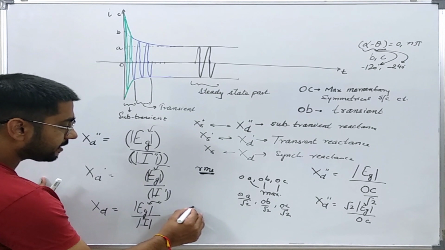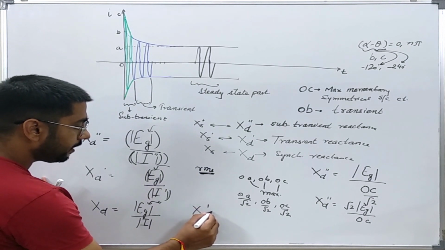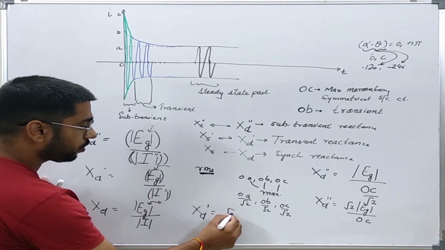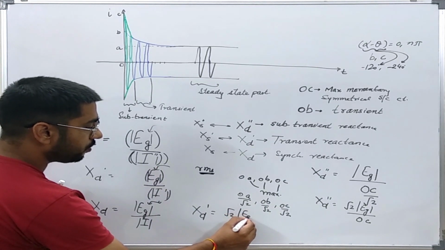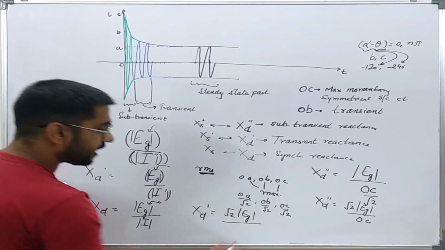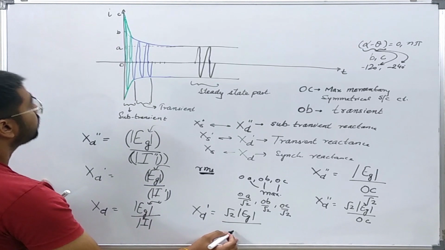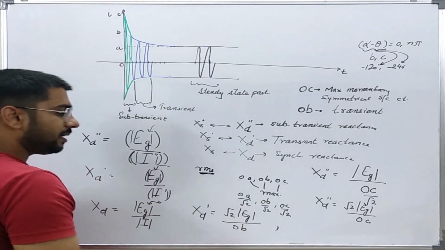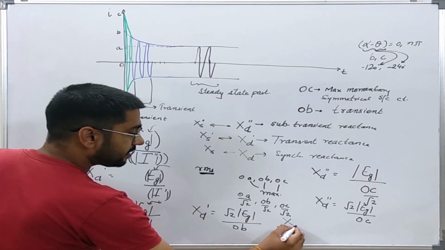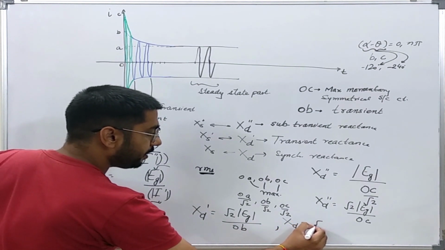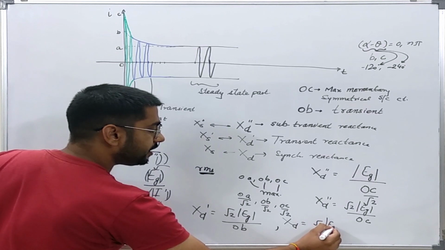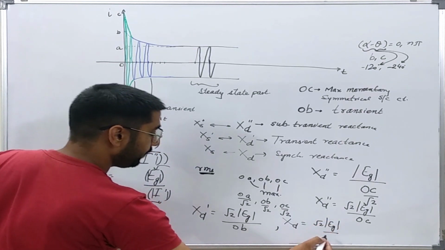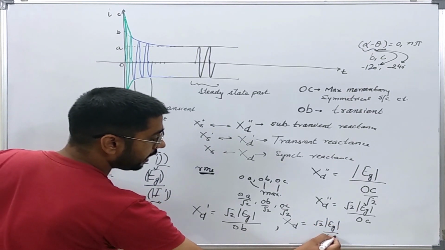Similarly, XD prime can be written as √2 times the RMS value of the no load induced voltage in the air gap over OB, and the normal steady state reactance can be written as simply √2 EG over OA.